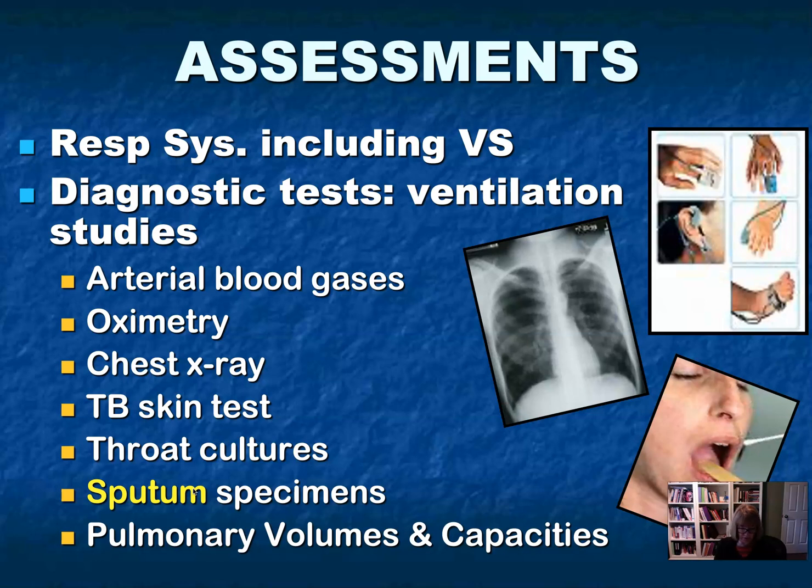When we're checking for TB, they'll not only do a TB skin test, but try to get sputums for acid-fast bacilli, AFB sputums. And those are light sensitive, so they have to go into a light sensitive specimen container. If people can't cough, sometimes we have to induce cough or suction maybe the sputum, which we practiced in the skills lab as well with our Lukens traps.